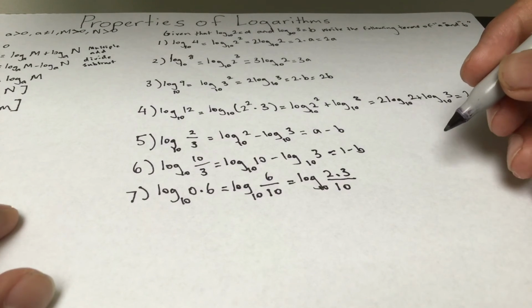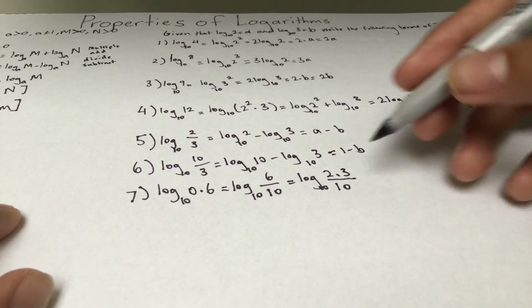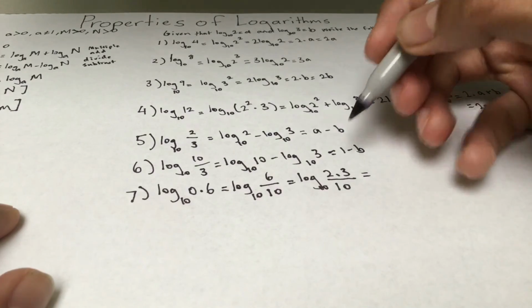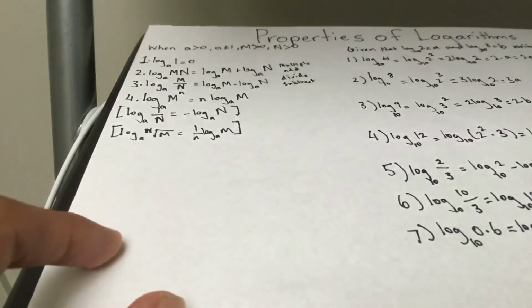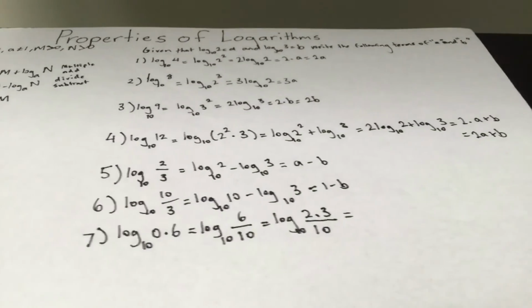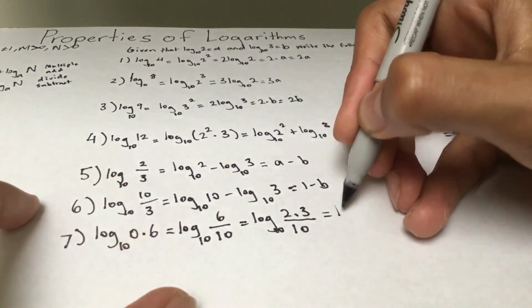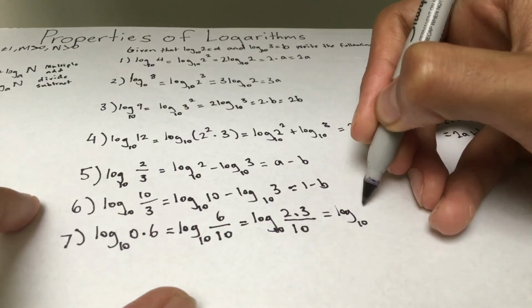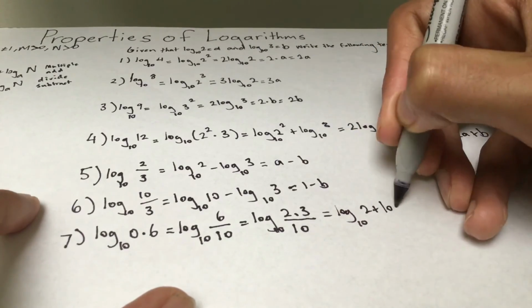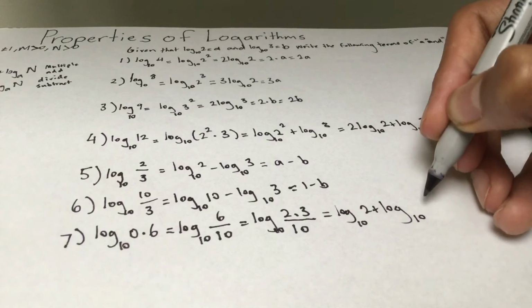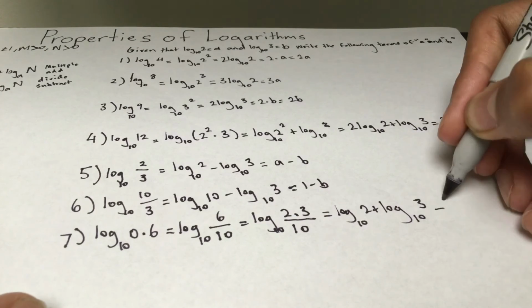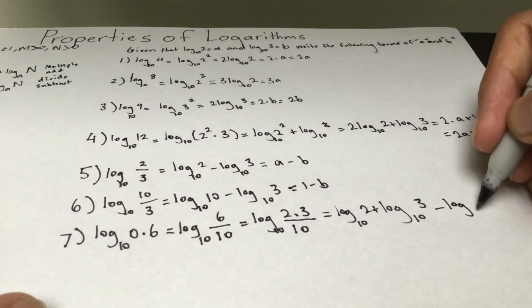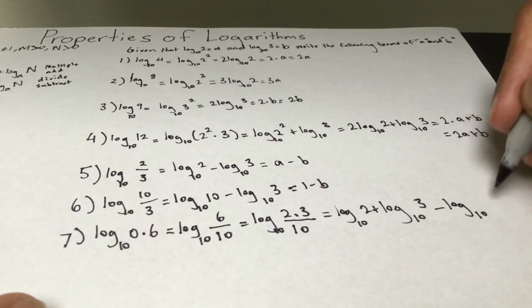Okay, so as our value is being multiplied, we look at our second rule. So we have to add this time. So log 10 2 plus log 10 3 minus log 10 10.